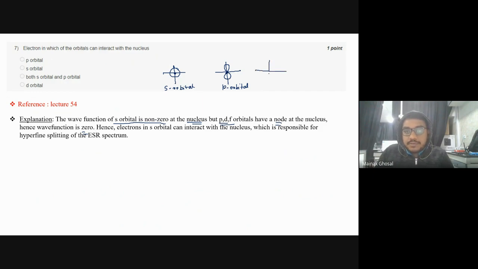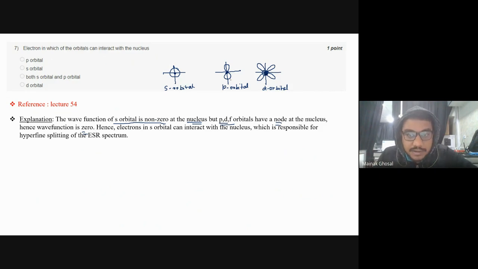Similarly, if I draw this d orbital, suppose this is a d orbital, you will also see that at the nucleus, this portion is 0. So for p and d orbitals, the wave function is 0 near the nucleus, but s orbital is spherically symmetric and it will have non-zero wave function at the nucleus.